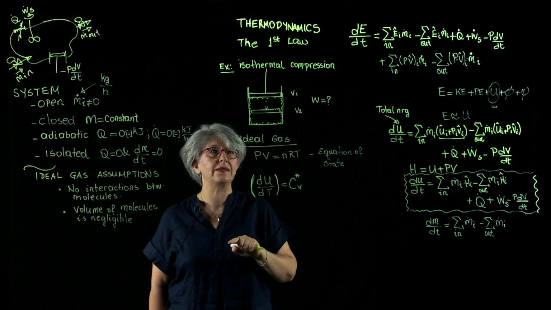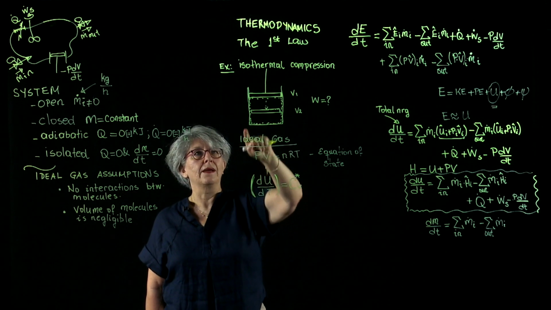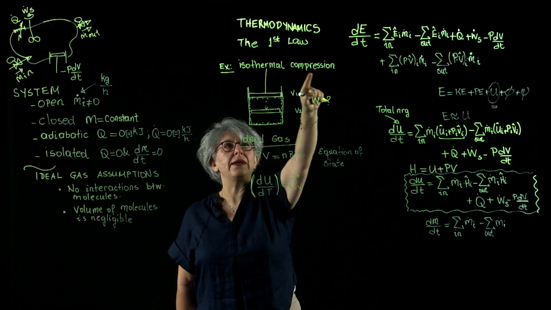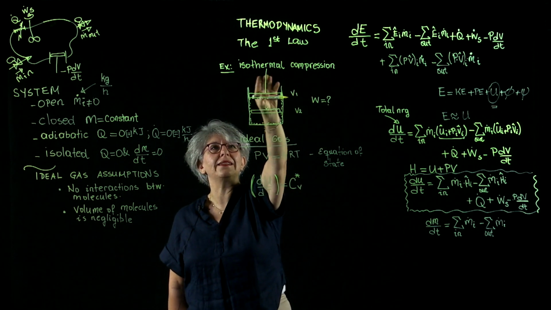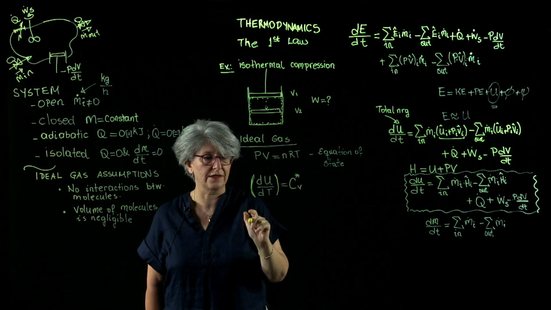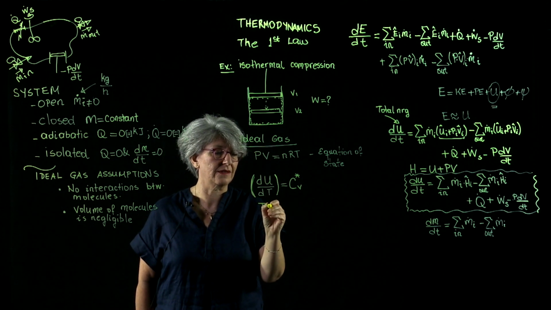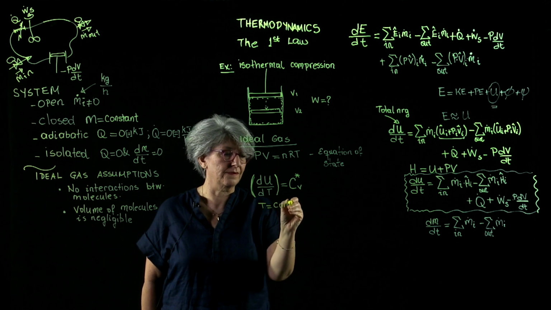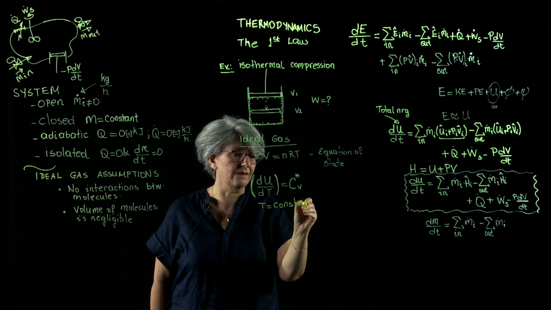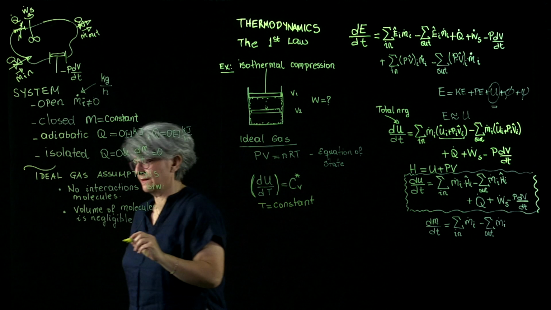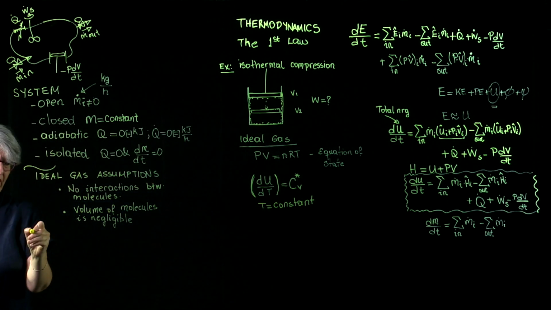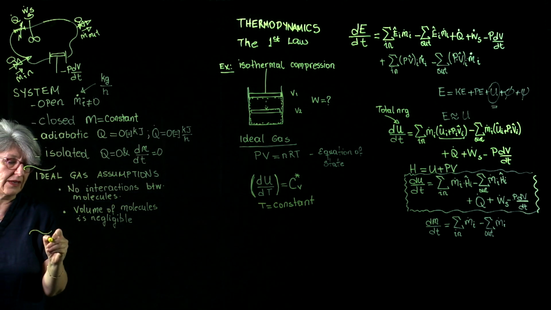So let me see. This example has a heading that it is an isothermal compression. Isothermal means temperature is constant. So let's write it here to add to our vocabulary.